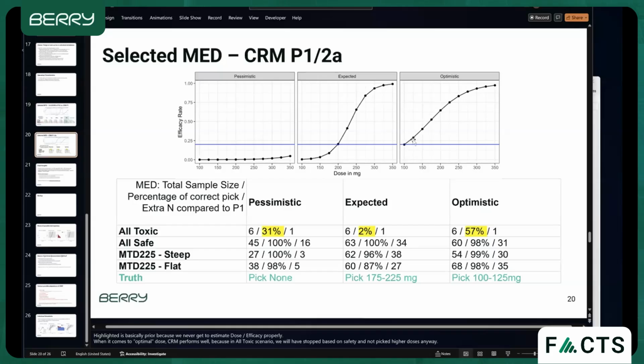But of course, you also wouldn't always pick the dose that gives you a 20% response rate if you could pick a dose that gives you a 50% response rate and is still safe. So I guess the message I want to make here is that it's not so simple to say which dose you would want to pick and take forward. It just depends very much on the situation you're in.